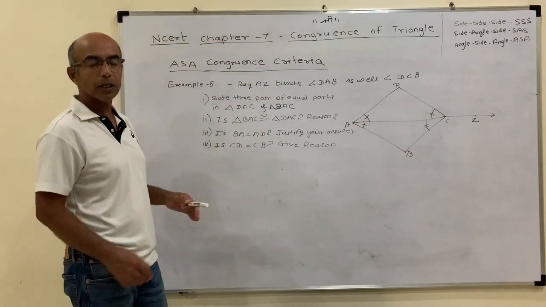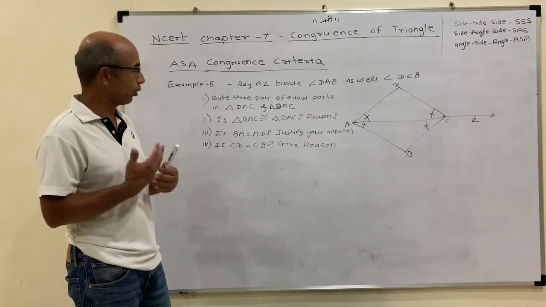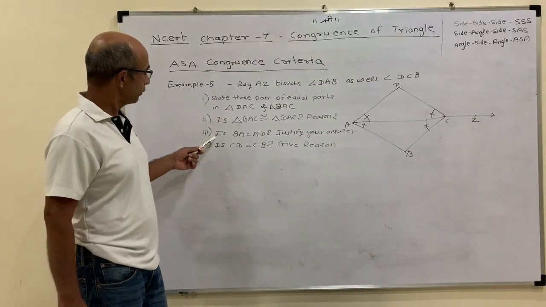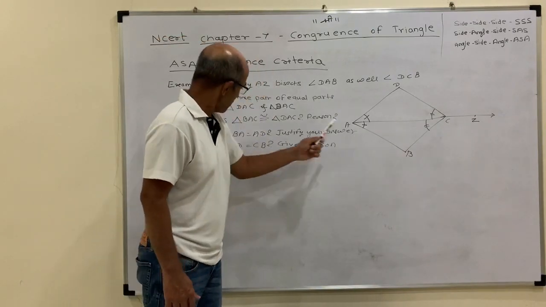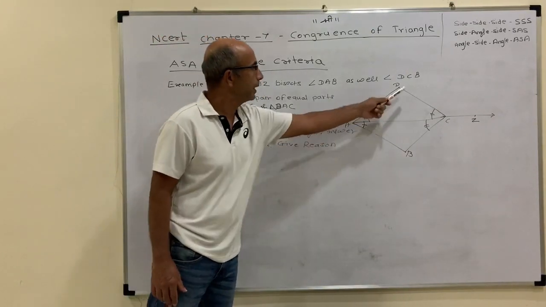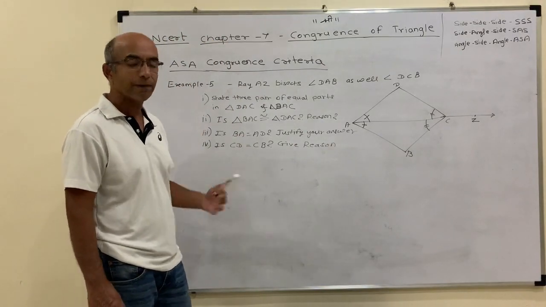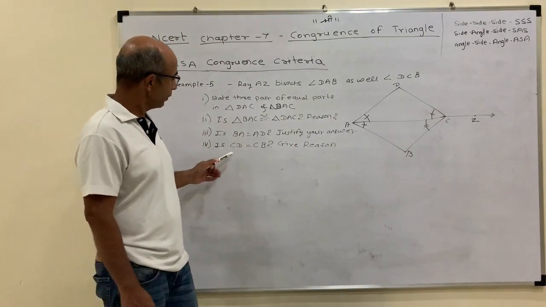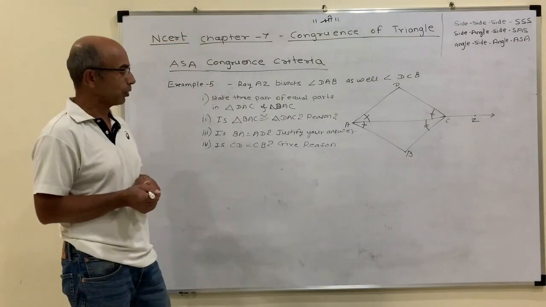If it is, then we need to prove why. If it's not, then we need to prove why not. Third, we need to find out if BA is equal to AD, and we need to justify our answer. And similarly, we need to find if CD equals CB or not.